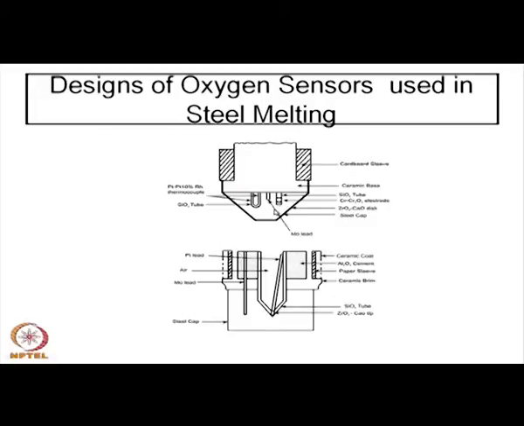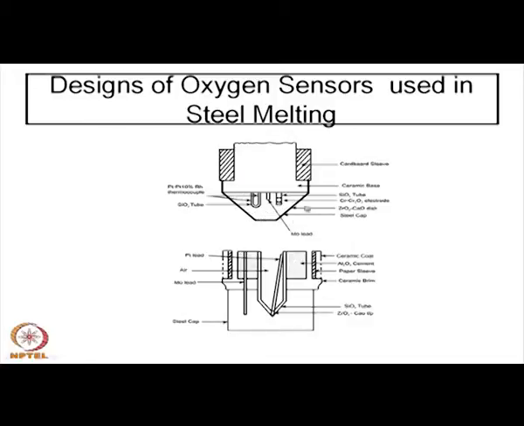Since the partial pressure of oxygen in steel at a very high temperature is fairly low, you need not nickel oxide, but a chromium oxide. So, chromium oxide acts as a reference electrode inside the silica tube, and at the end of the silica tube a zirconia calcia disc has been fitted, and that is exposed to molten steel.